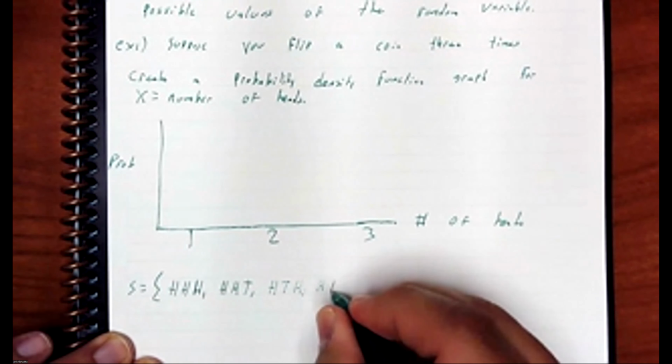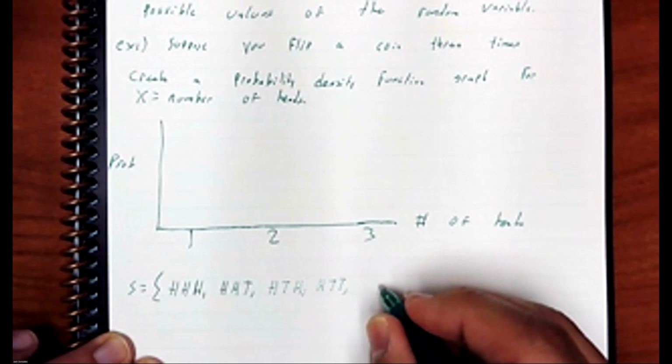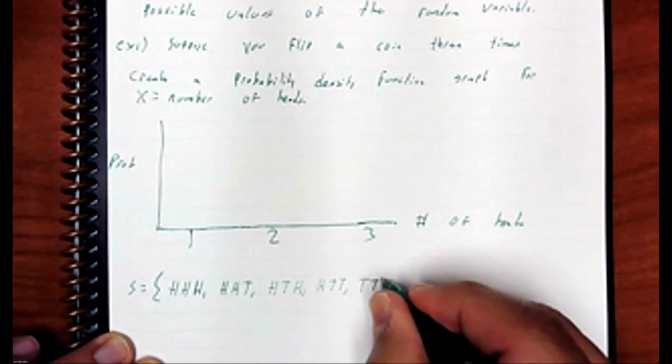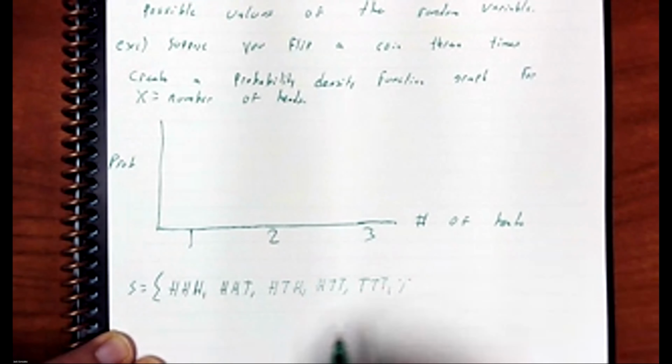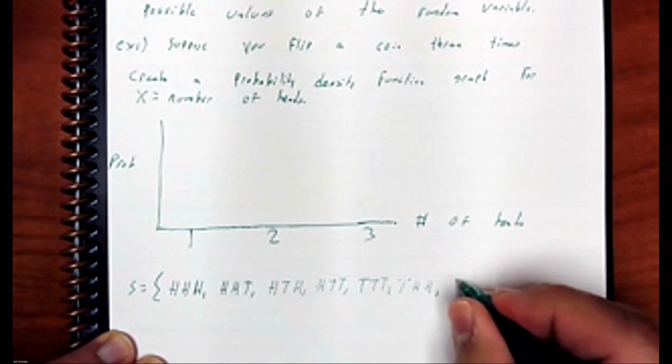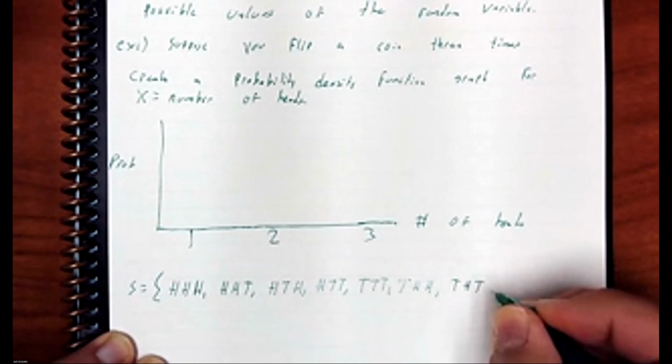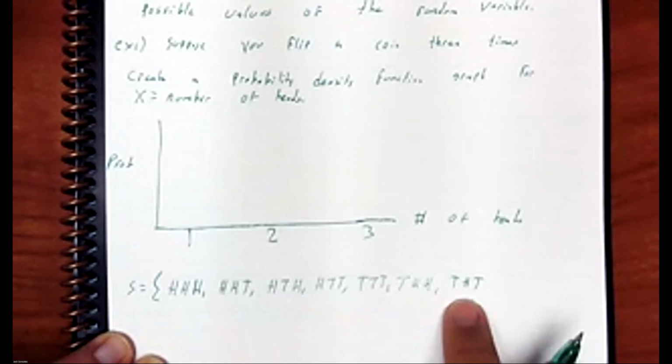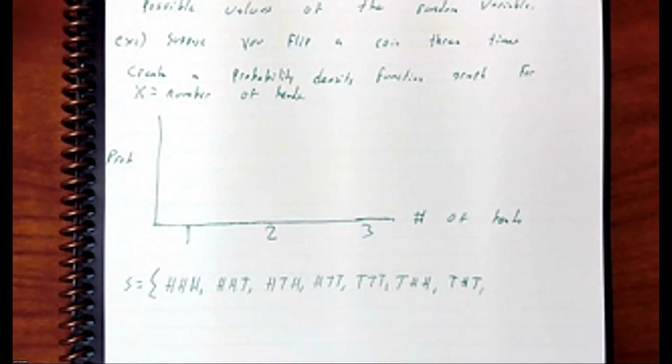You could get heads, tails, tails. Or sorry, triple tails. Tails, heads, heads, or tails, heads, tails. 1, 2, 3, 4, 5, 6. I'm missing one more. What did I miss? Tails, tails, heads. Yeah, I think you're right. So this is every possibility.